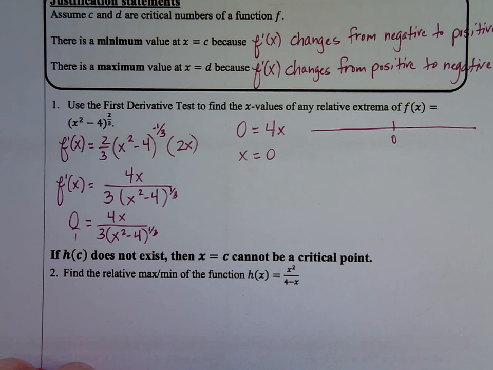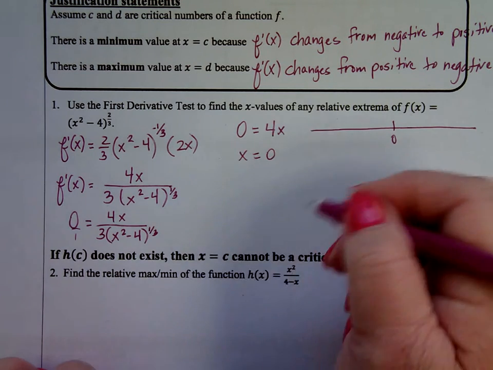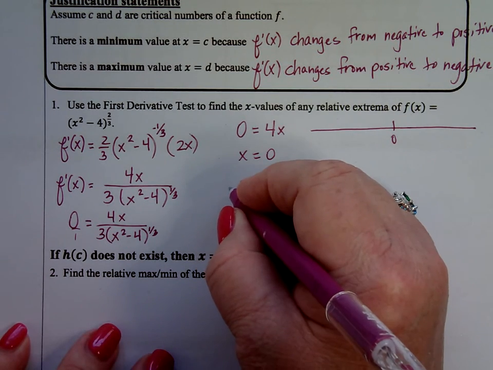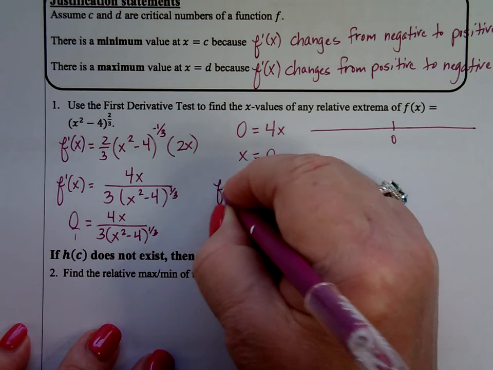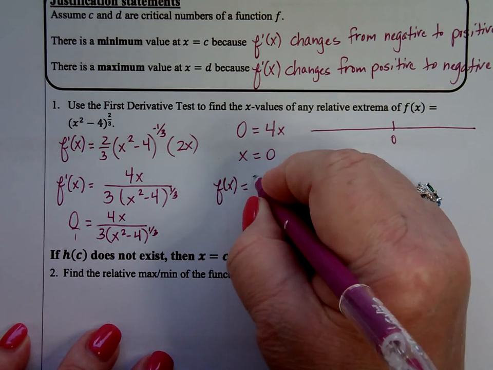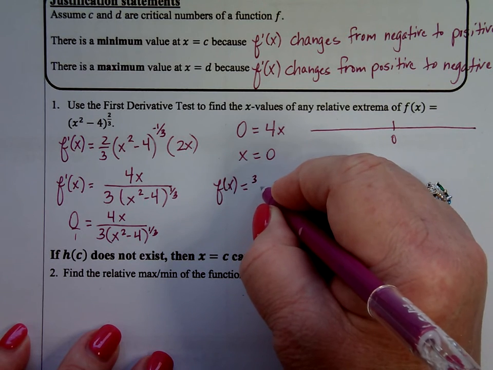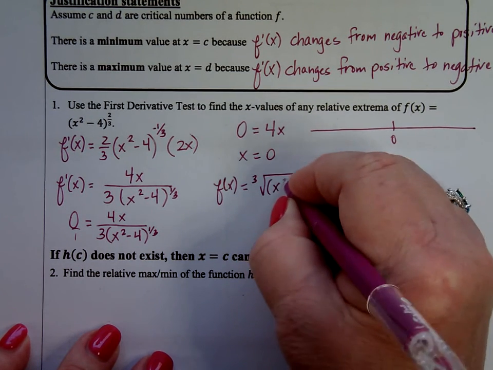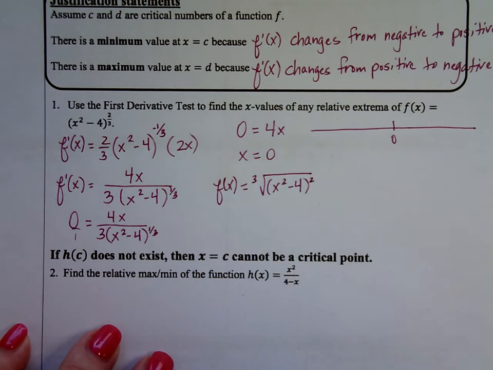But let me think about this for a minute, because if I'm looking at the original function, it is like, let me do it this way, f of x equals the cube root of x squared minus 4 squared.